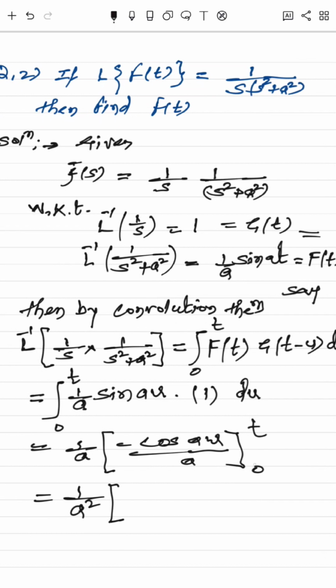Cancelling that minus sign by changing the limit, 0 become upper and t become lower. For upper limit, we have cos 0. Cos 0 is 1. And for lower limit, it becomes cos of at. Therefore, this is the required answer.